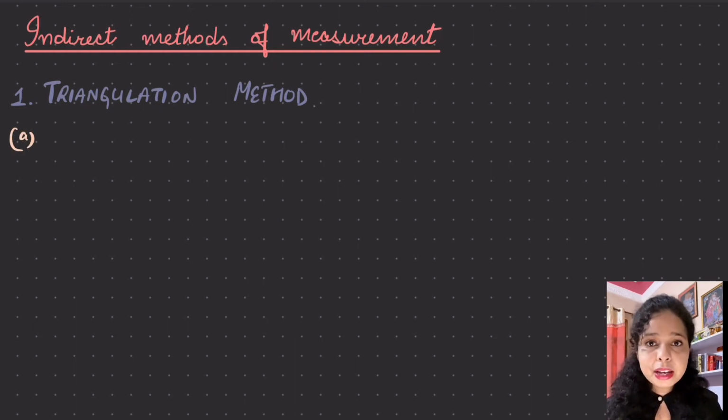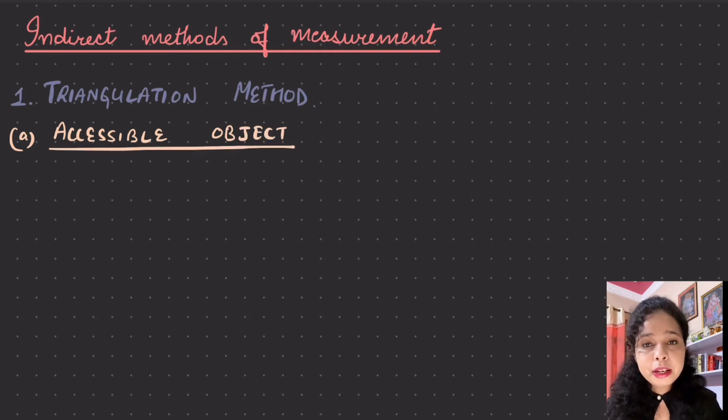So the method which I am going to discuss is triangulation method. We will use this method for an accessible object. Let us say we are having a building of height AB. So this is the building AB, and this AB is represented by height H. As this building is accessible, we can easily touch it.